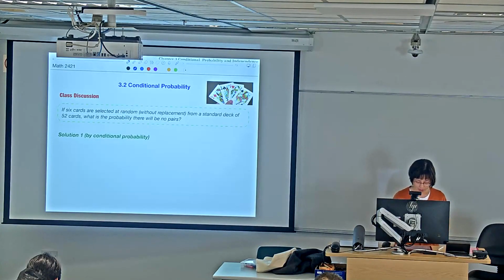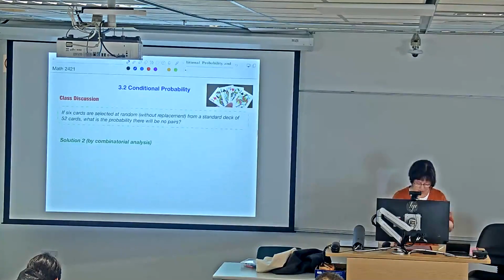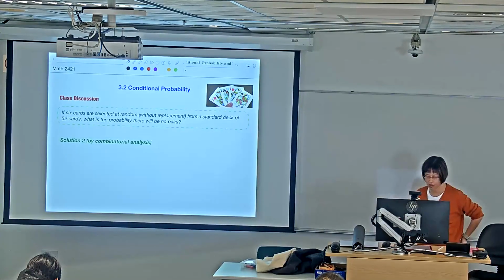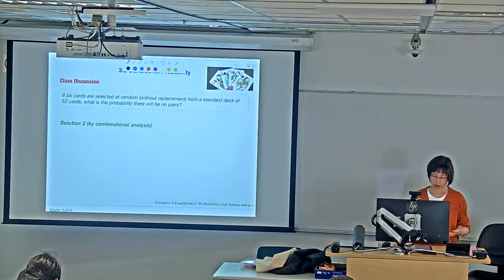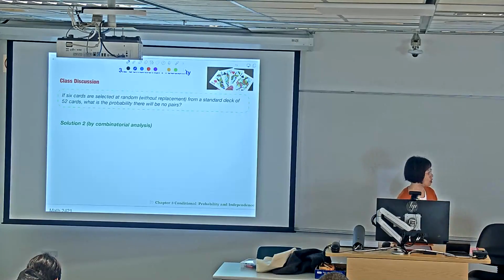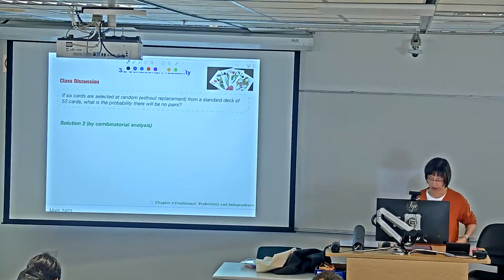Actually, I think it's easier to count directly using combinatorial analysis. So let's first give this solution using counting, and then we will also mention how you would do it using conditional probability.